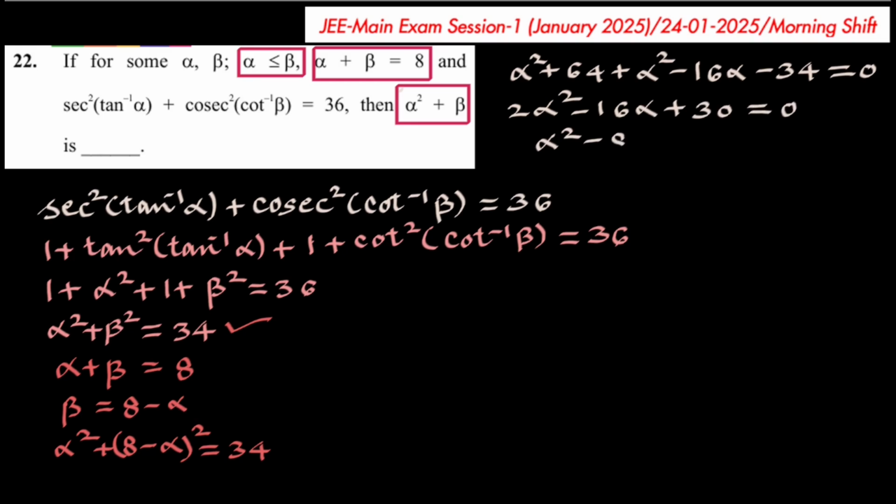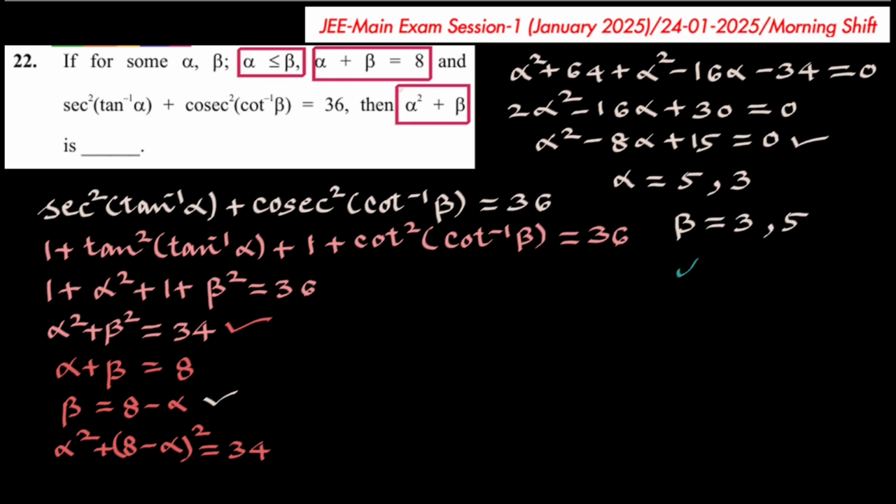Alpha square minus 8 alpha plus 15 equals 0. Solving this quadratic equation, we get alpha equals 5 and 3. From this equation, beta will be 3 or 5. We have to take alpha less than or equal to beta, so we will take alpha equals 3 and beta 5. And alpha square plus beta will be 9 plus 5, 14.